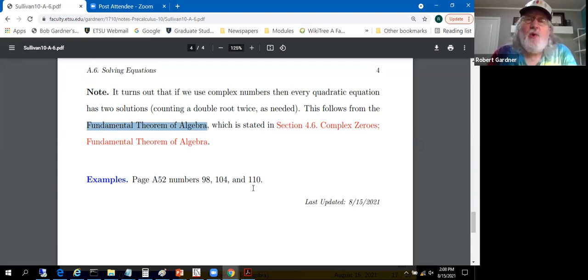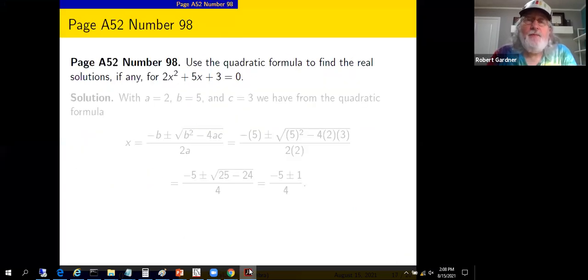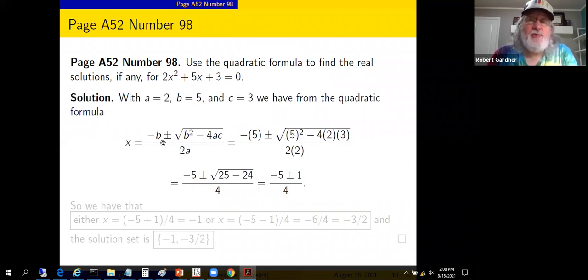So let's illustrate the quadratic formula with three final examples. Use the quadratic formula to find the real solutions, if any, of this quadratic equation. As I said, I'll probably muddle the verbiage a little bit between quadratic formula and quadratic equation. I'm quite used to calling this a quadratic equation; the book's verbiage is quadratic formula.